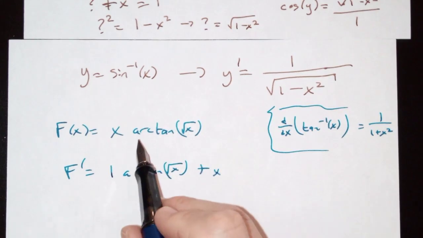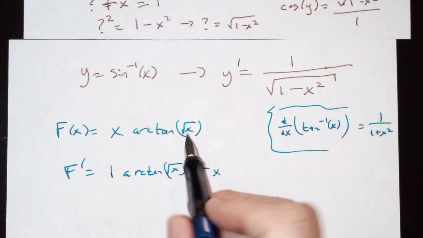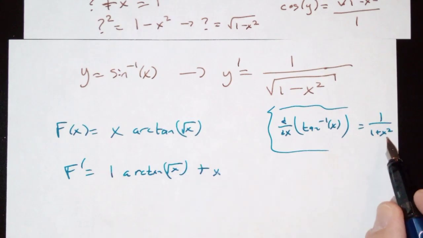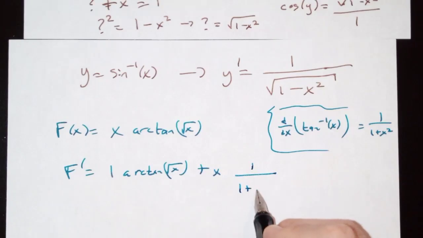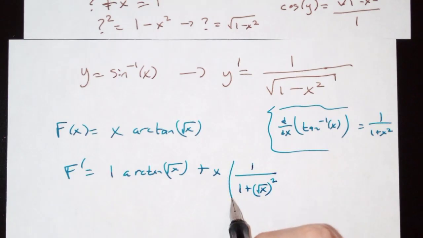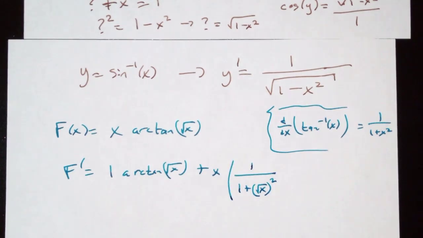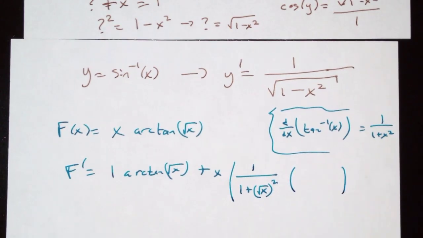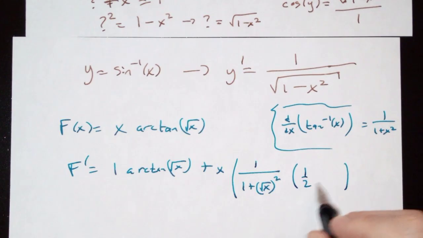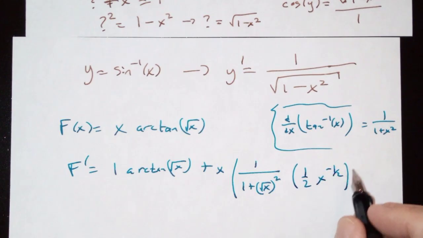The derivative of the arctangent of stuff is 1 over 1 plus stuff squared. But wait, there's more. And here's where my chain rule shows up. And now is where I use that power rule. The derivative of the square root of x is 1/2 x to the negative 1/2.